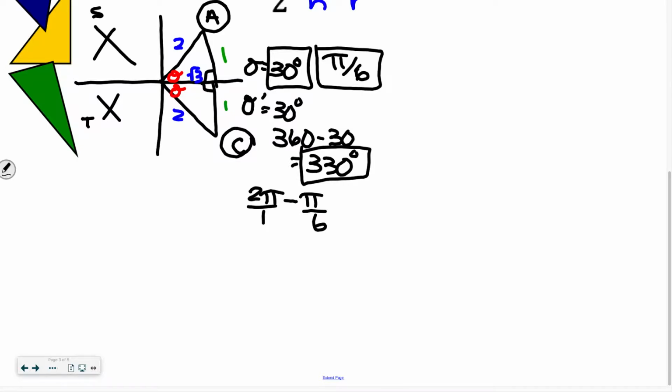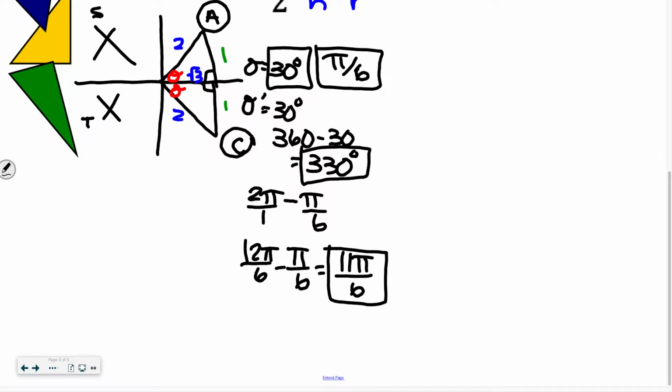This is 2 pi over 1. So just double the denominator here. This is 12 pi over 6 minus pi over 6, which is then 11 pi over 6. So 330 is 11 pi over 6. 30 is pi over 6. There's really only two angles, but we've listed them in degree and radians.